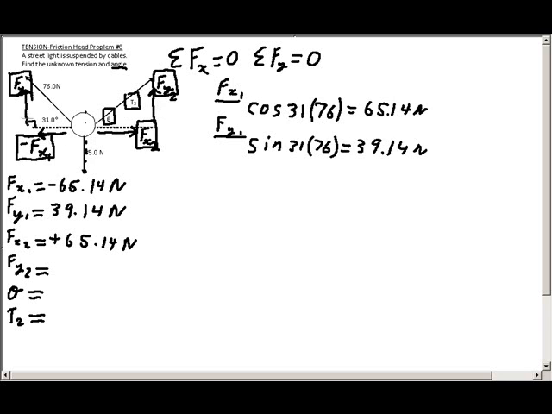We know one of those forces going up is F of y2 and F of y1, which we just solved. We know the total force coming down is 85, so the sum of the forces going up is going to be countered by the 85 newtons coming down.